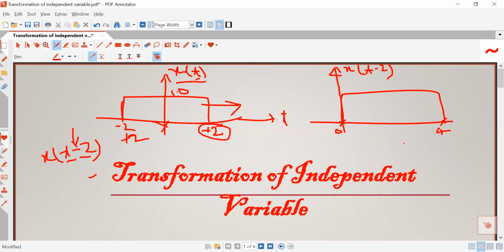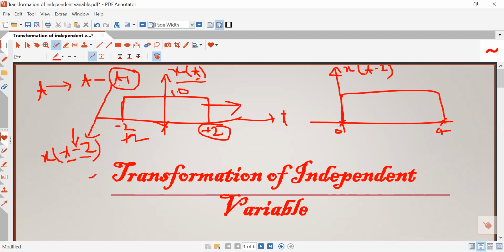Just by replacing t with t-t1, you can shift the signal either in the left direction or in the right direction. If t1 is positive, here t1 is 2, then the signal will be shifted in the right direction.